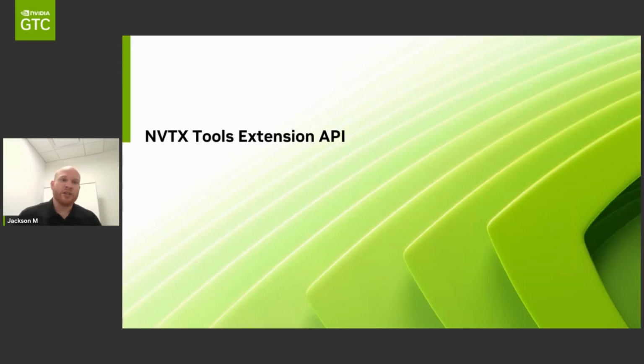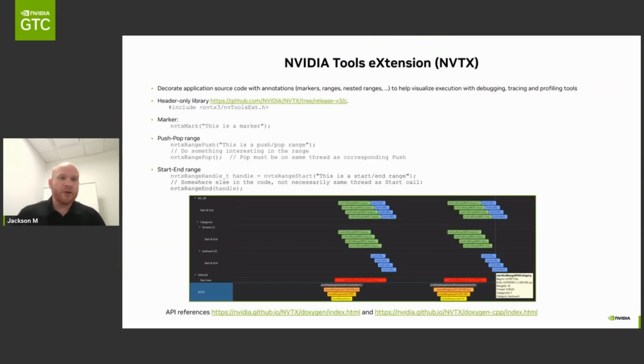A little bit of information about NVTX, which is our tool extension API. Here you can see a high-level overview of what this feature is. It's a header library to decorate your application with annotations so that you can see more detailed information from the performance analysis tools.